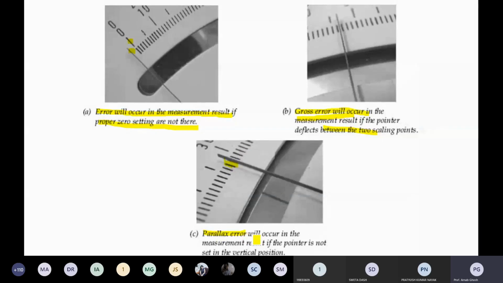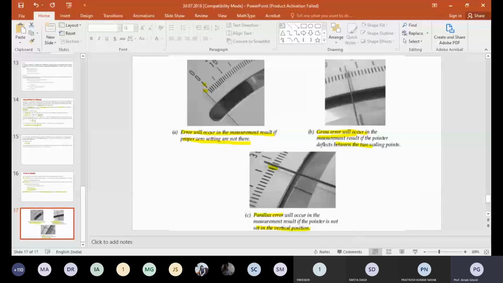That is called parallax error, which occurs in the measurement when the pointer is not viewed from the vertical position. These are all examples of error, and I have now concluded the introductory portions of the measurement. If you have any doubt, you may ask me.